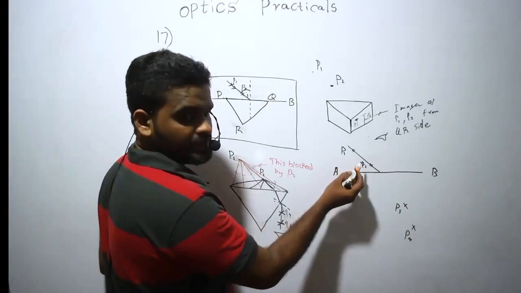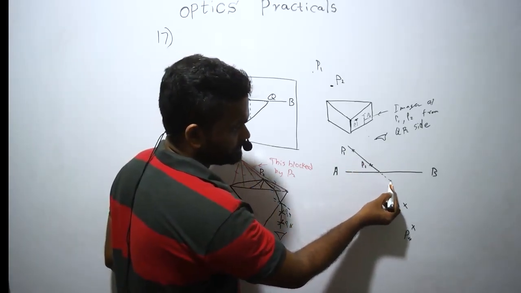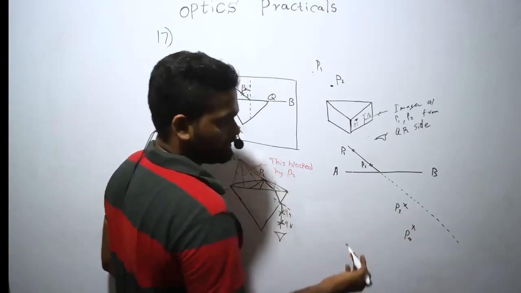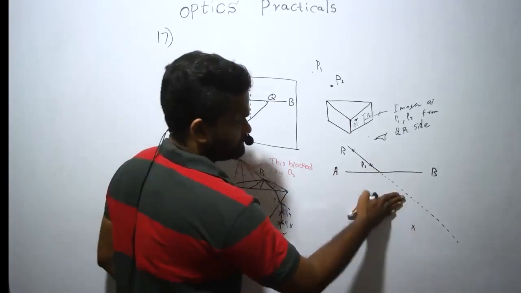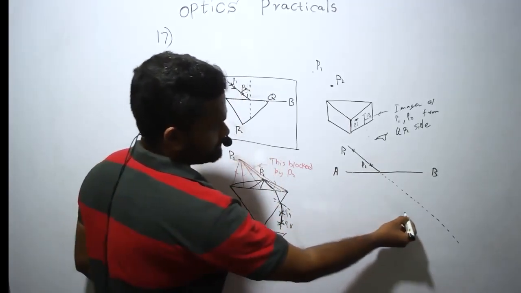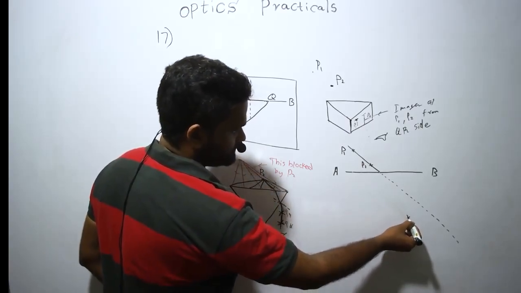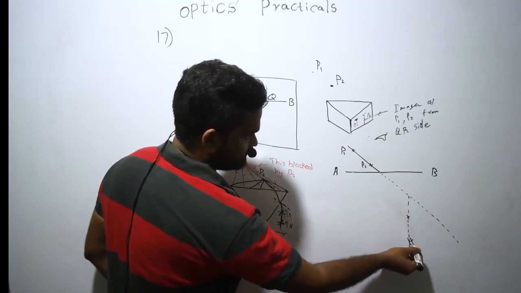So initially the light ray was going to go along this path, like this. But because of the prism, it has deviated. Once that path is found, you draw a line along these P3 and P4 as well.